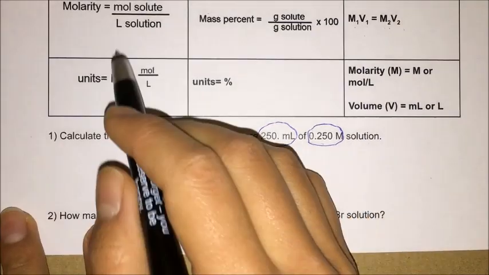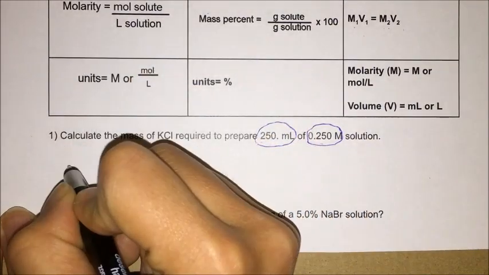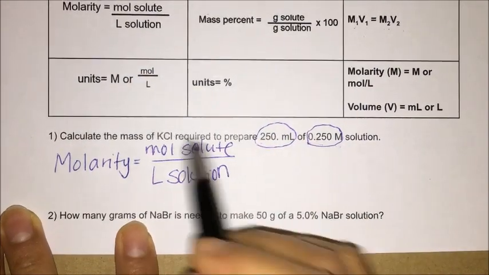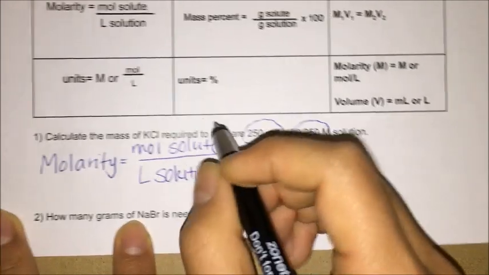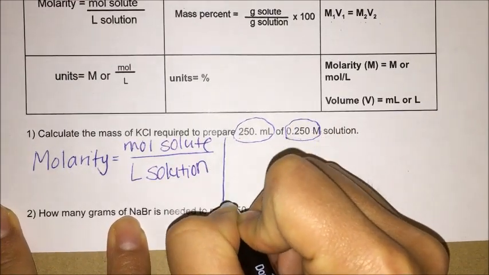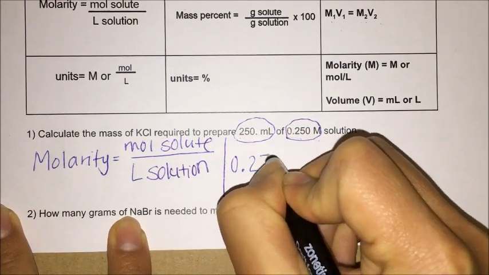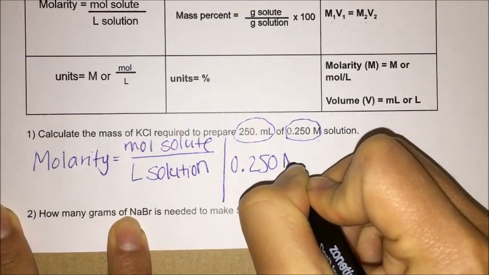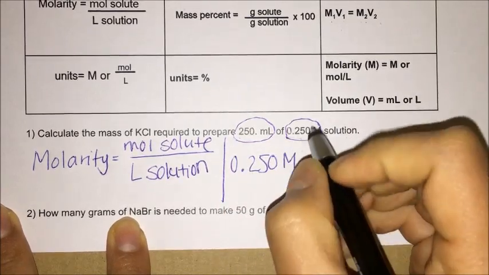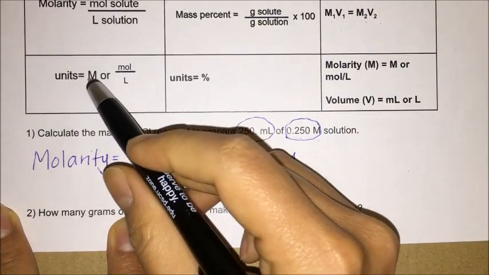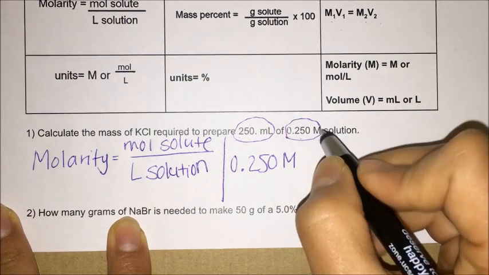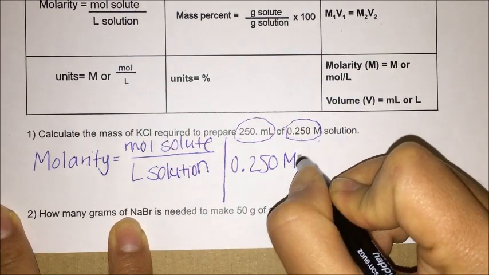Okay, so because we know we will be using this equation, we could just go ahead and plug in our molarity. So we get 0.250 molarity. Notice molarity is also equal to moles over liters.